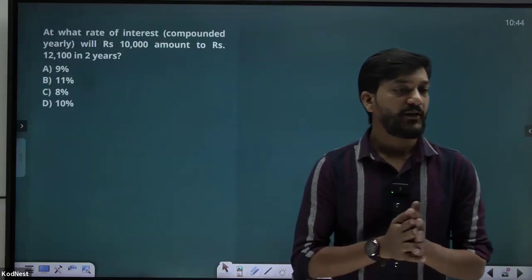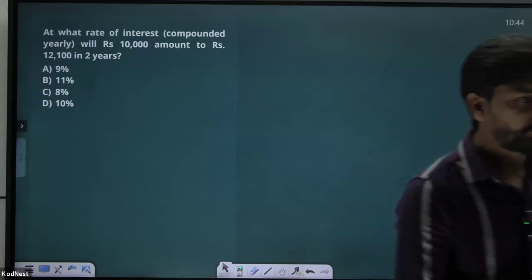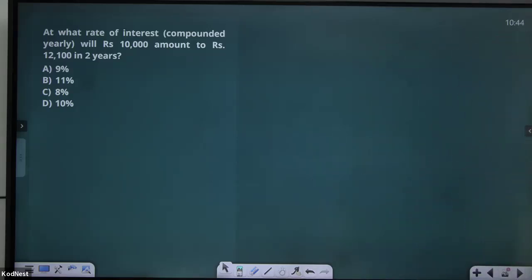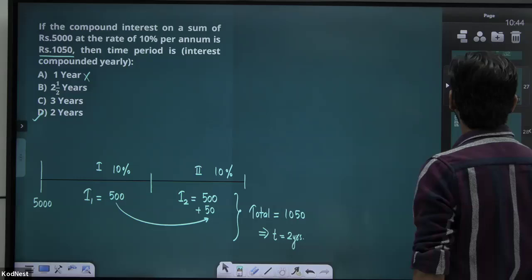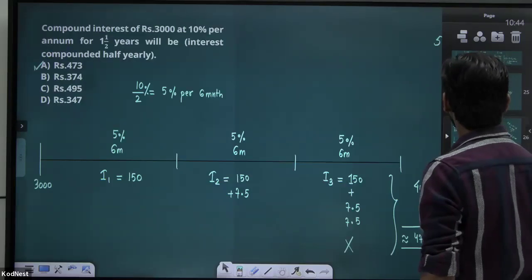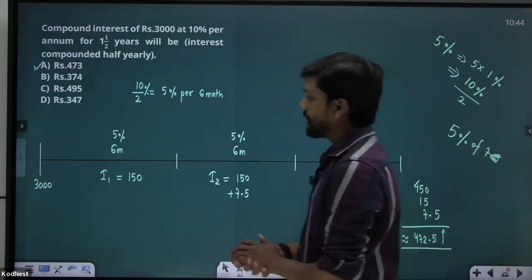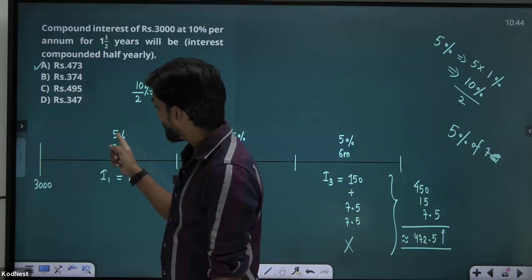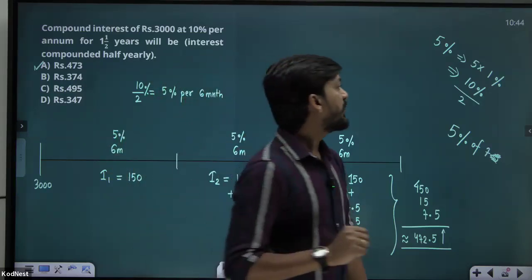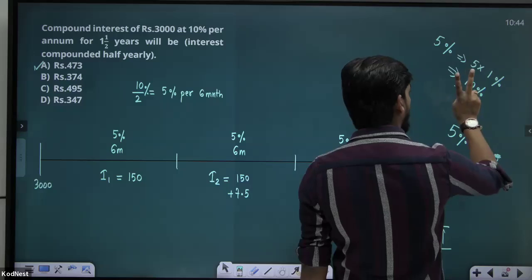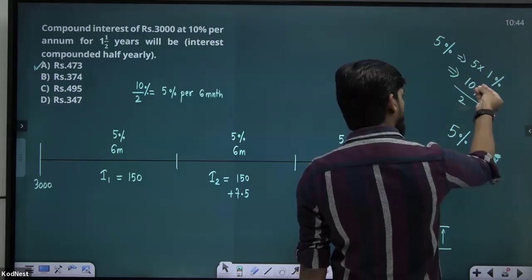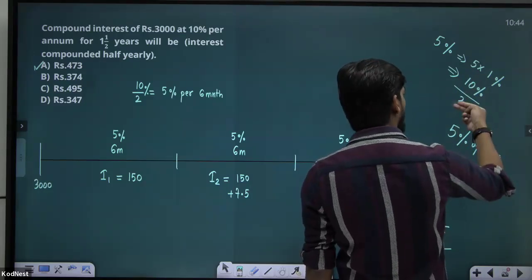My dear, if you recall how we got I1 150. We have to calculate 5%. So, there are two ways. One way is calculate 1%, multiply by 5. The second way is calculate 10%, then divide by 2, because 10 by 2 is 5.